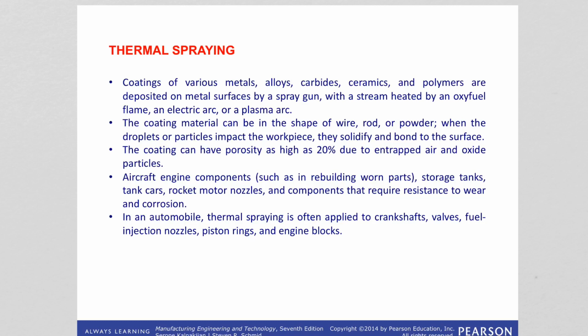The coating material can be in the shape of wire, rod, or powder. When the droplets or particles of this coating material impact the workpiece, they solidify and bond to the surface.